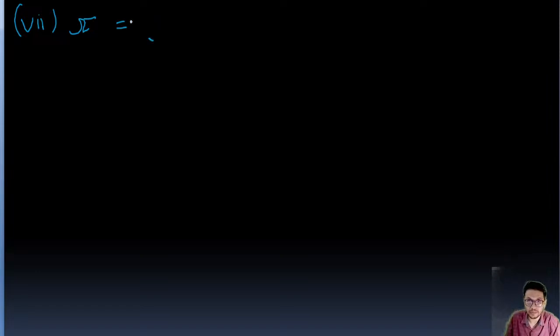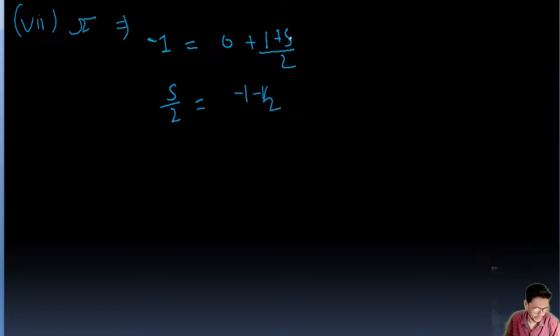For omega minus, I'm directly writing: Q equals minus 1. I3 for omega is 0, plus it's a baryon, so 1, plus S by 2. So S by 2 equals minus 1 minus half, which is minus 3 by 2. The 2 will get cancelled, so the value of S equals minus 3. So for omega minus, strangeness is minus 3.